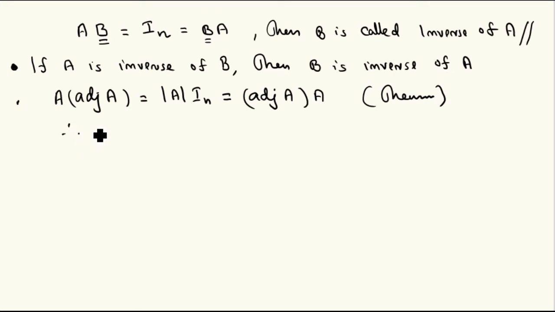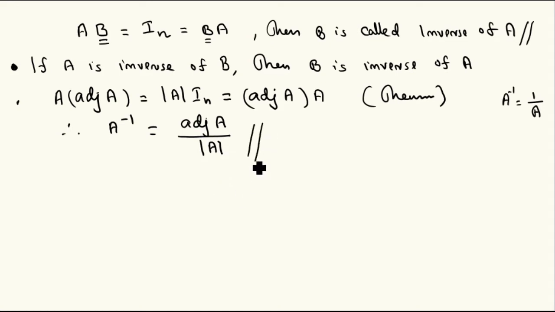From this we can see that when you are taking A inverse, we know that A inverse means 1 by A only. That is why you are getting AB equal to I_n, 1 by A. That A cancels, you will get I. So here A is taking this side. Therefore we will say that A inverse, that is 1 by A, equals adjoint of A divided by determinant of A. So this is the property.